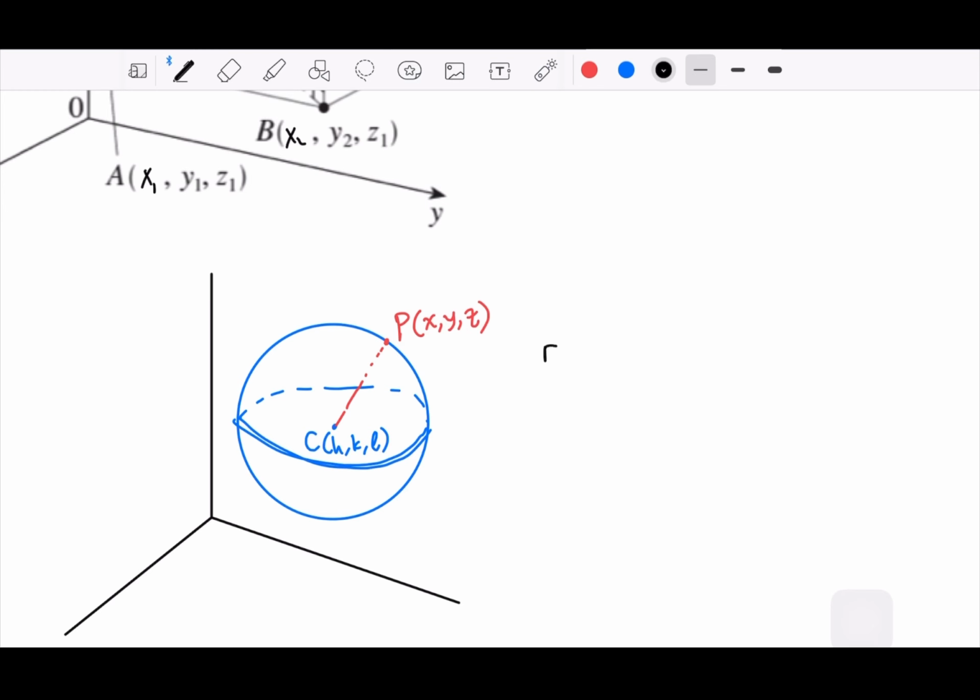So r, or the radius here, is equal to the same formula we built before.